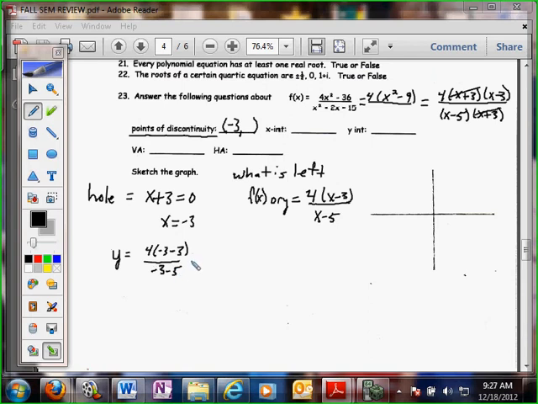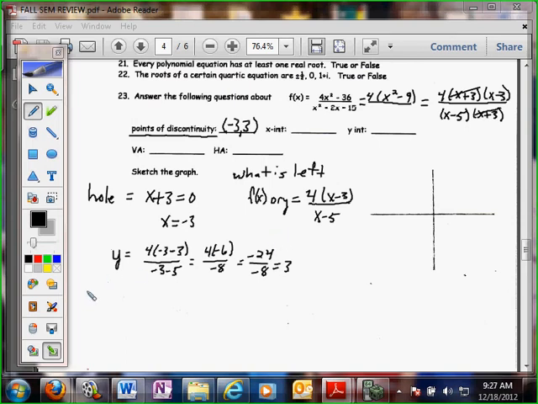This gives me 4 times negative 6 over negative 8, which gives me negative 24 over negative 8, which gives me positive 3. So the y value of my hole is positive 3. So I have a hole at negative 3, positive 3.